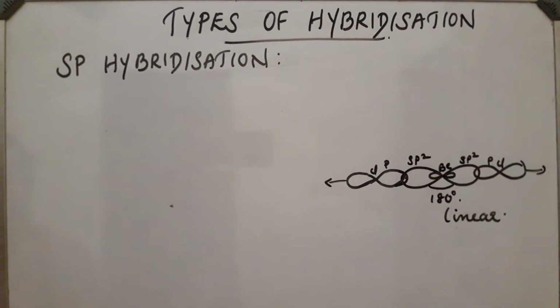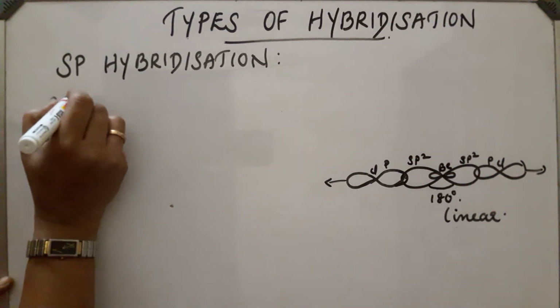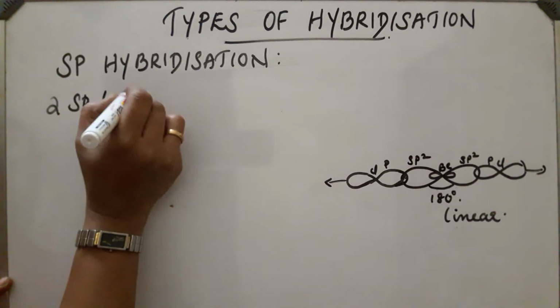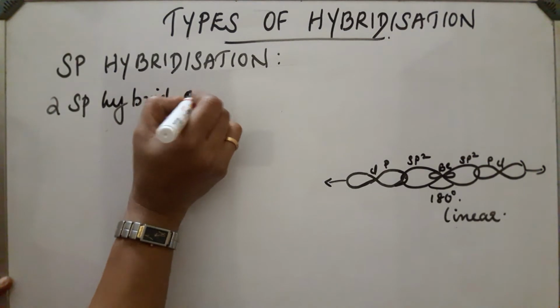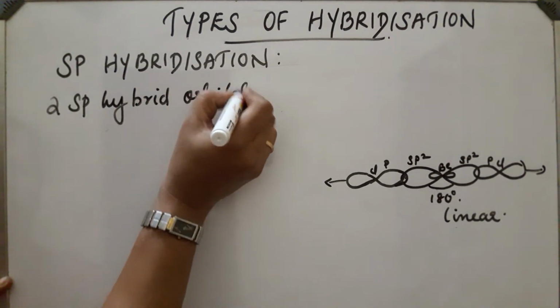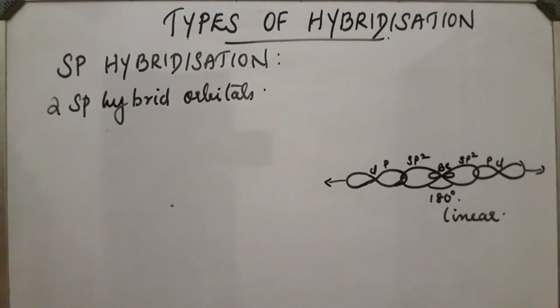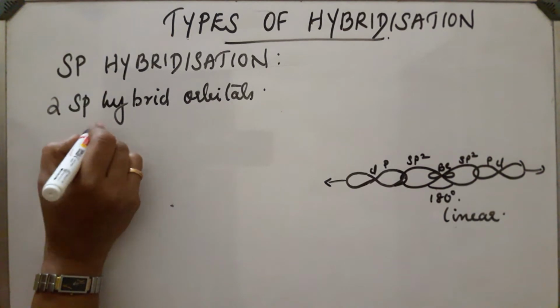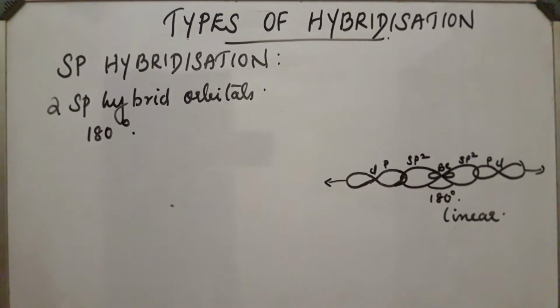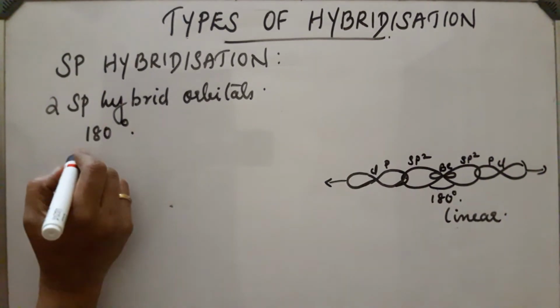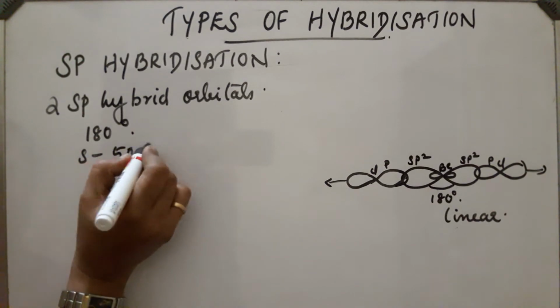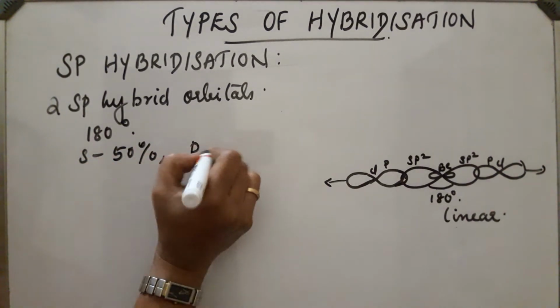sp hybridization. This involves the hybridization of one s and one p orbital to form two sp hybrid orbitals. These two have equivalent energies and are oriented at an angle of 180 degrees. In sp, the s character is 50% and the p character is 50%.